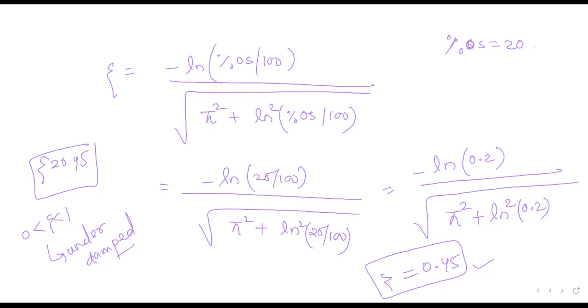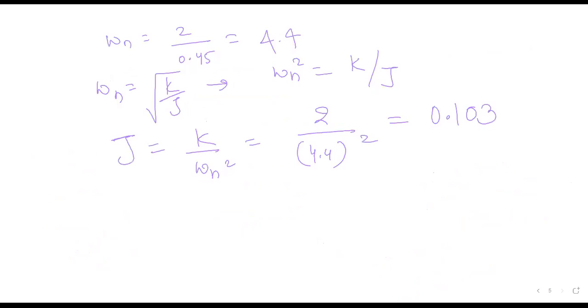Okay, so here you got the value wrong. Pi 3.14 square plus ln 0.2 square, plus 3.14 square under root, ln 0.2, divided by this. Okay, you have got it right, 0.456. Now 2 by 0.456 is 4.4.